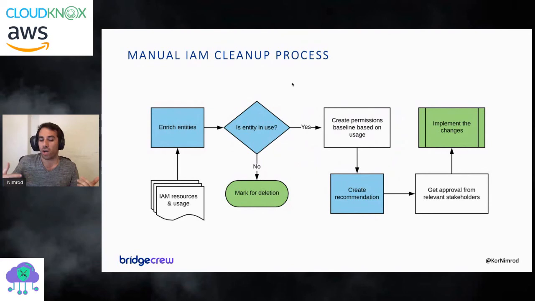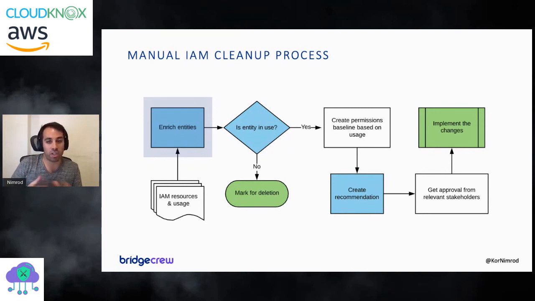Before we created the open source, obviously, we had to do a few manual iterations to see what works and what doesn't. And we came to this flow of conclusions and actions. At first, we want to collect all of the IAM entities from the account and their usage using AWS APIs, maybe CloudTrail data, and so forth.